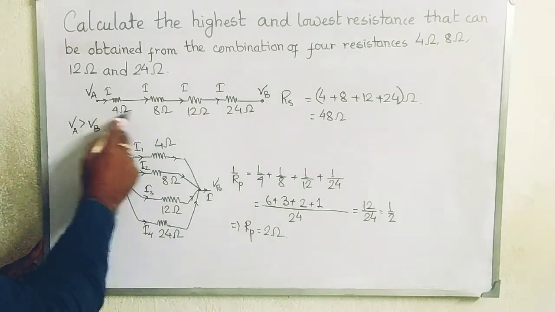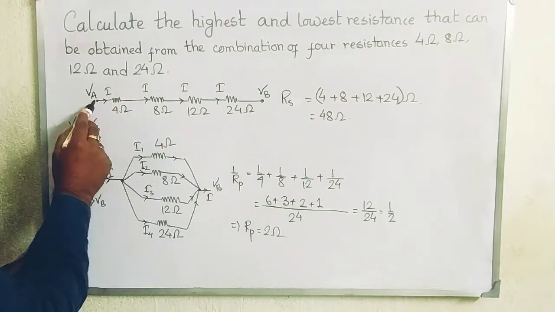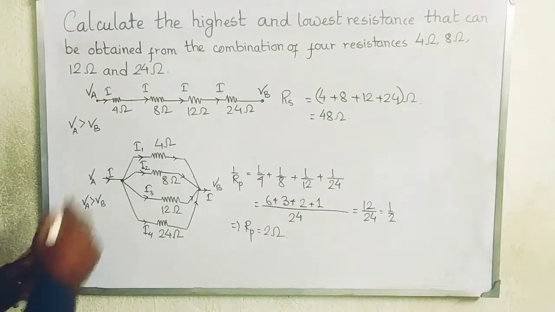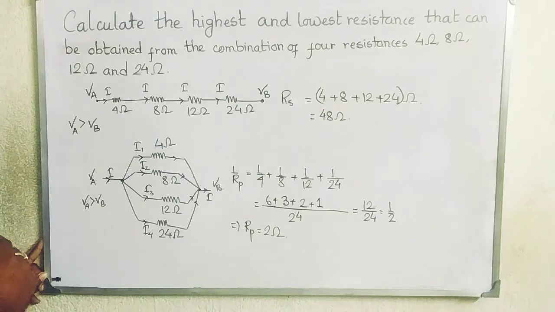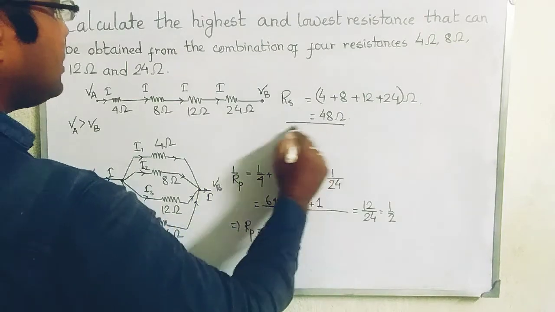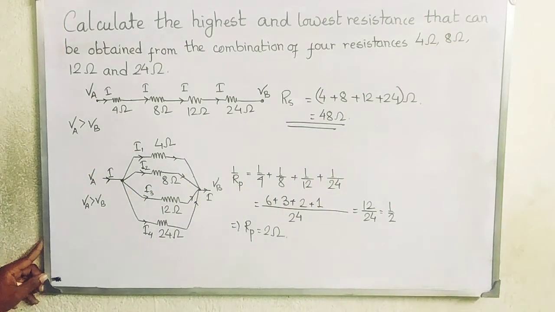But here there are no options. The I current has to pass through all the resistances. That's why when the resistances are connected in series combination, the equivalent resistance suffered will be 48 ohm.